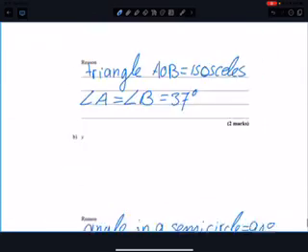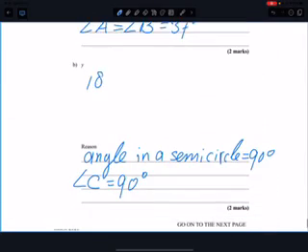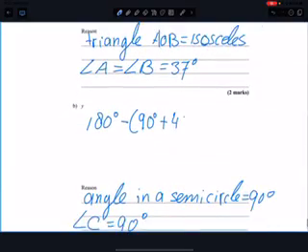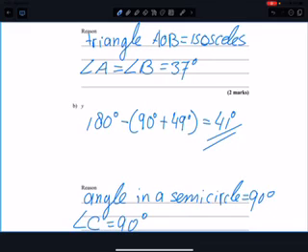There we go. 180 degrees, subtract 90 degrees and 49. This is 139. So this equals 41 degrees. Remember, the circle is not drawn to scale. So do not say, oh, it looks like an isosceles, it looks like 90 degrees. It is not drawn to scale.